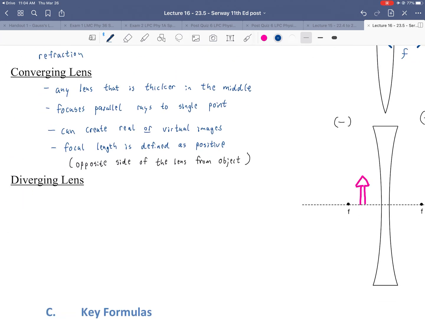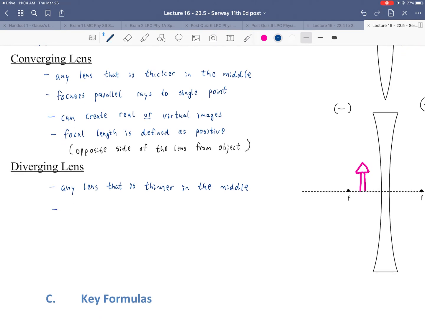We're going to then show the counterpoint with the diverging lens. So this is any lens that is thinner in the middle. Okay, and this type of lens causes the rays to diverge.